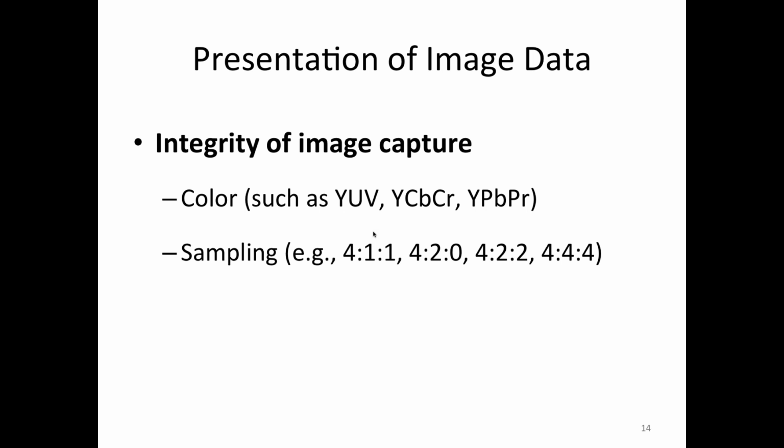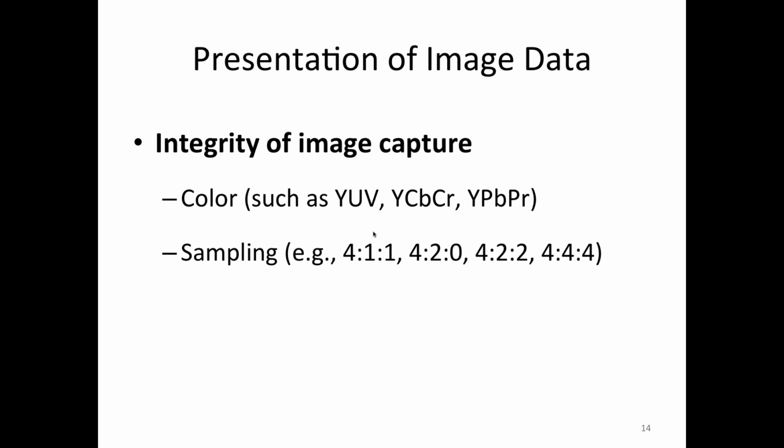Chroma subsampling is the process of encoding images by implementing less resolution for chrominance information than for luminance information, again taking advantage of the human visual system's lower acuity for color differences than for luminance. In general, the higher these numbers are, the more robust the color information is within the file.